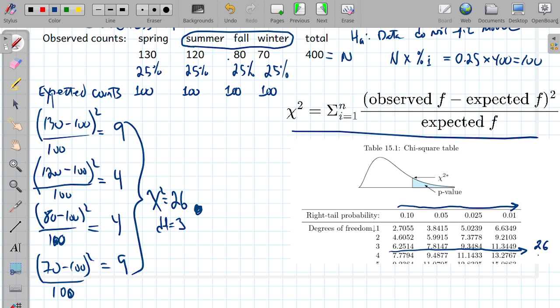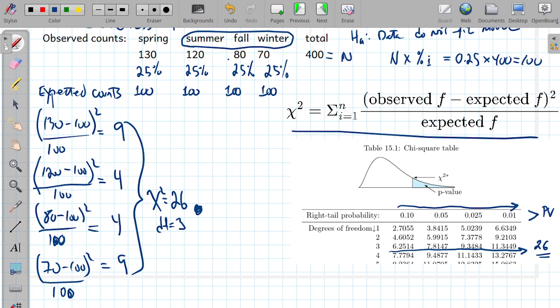Our test statistic is very large, which means our p-value then is very small. This relationship between test statistic and p-value is the same throughout this entire course. Large test statistics give small p-values.